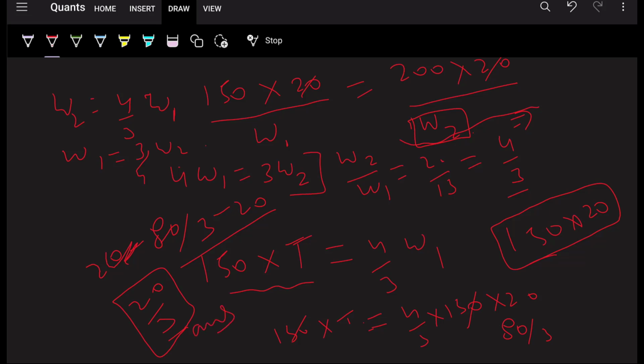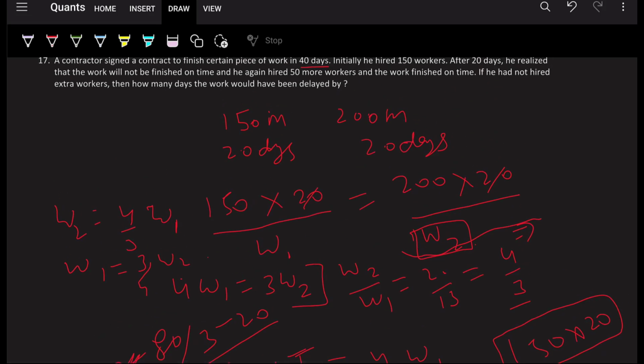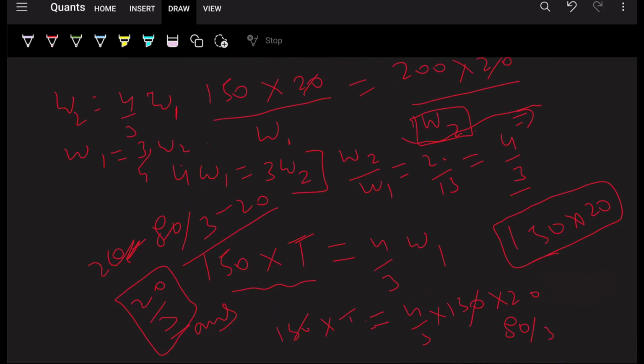So if we have to understand it again, 150 men work for 20 days and 200 men work for 20 days. So I can use the formula of MDH by W. From here I can write 150 into 20 divided by W1 equals 200 into 20 divided by W2. So we got the relation that W2 is 4 by 3 times of W1. Now I have to calculate the delay time.